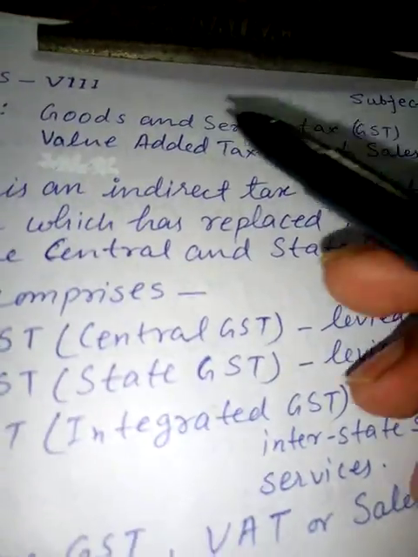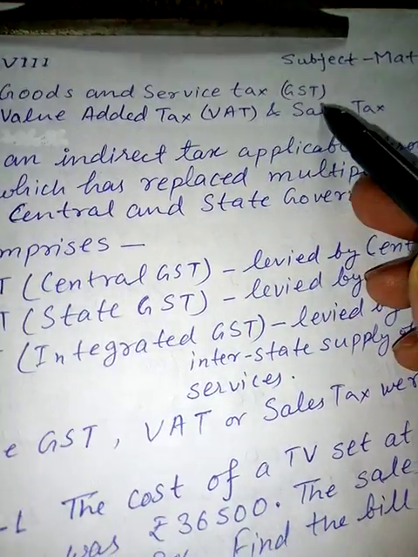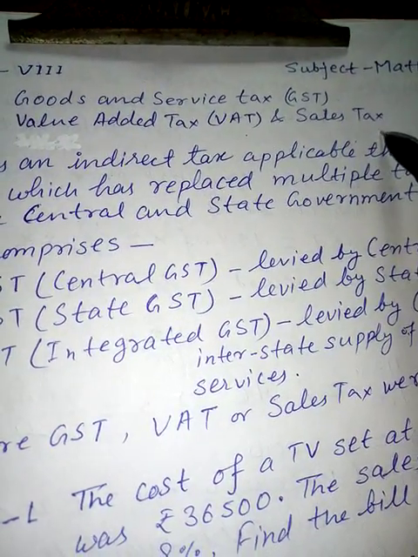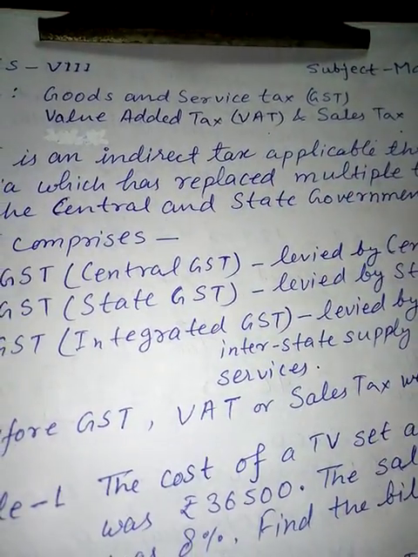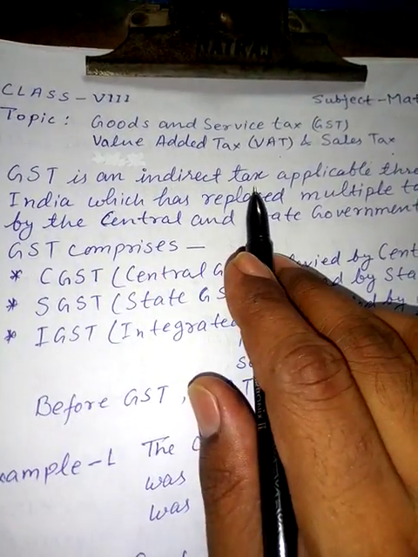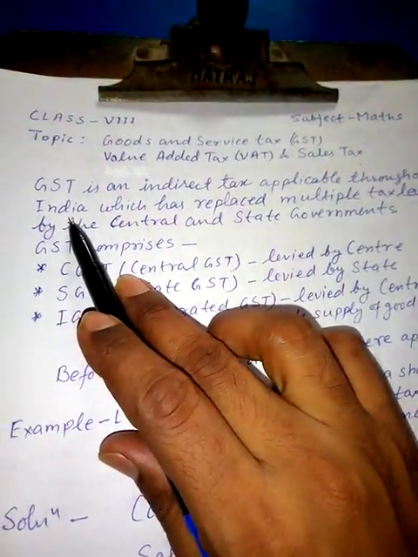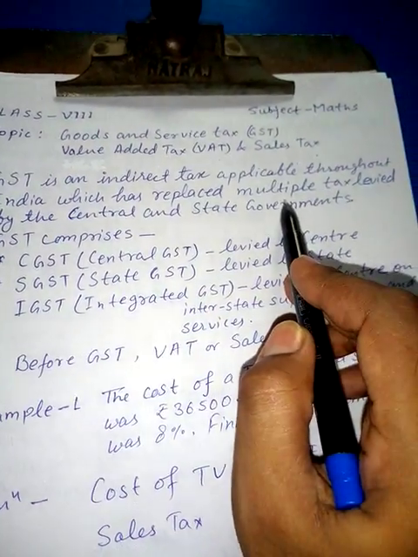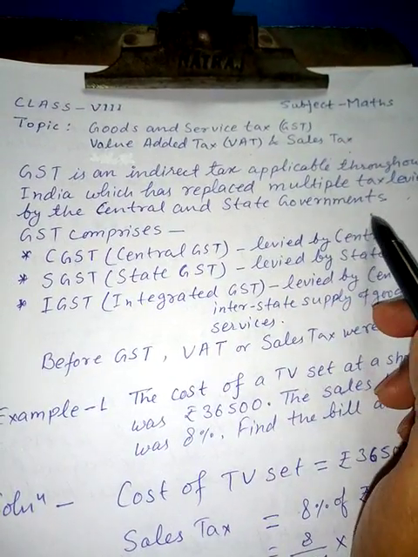Students, here we are discussing Goods and Service Tax, GST. Value added tax and sales tax were applicable previously, before Goods and Service Tax in India. GST is an indirect tax applicable throughout India, which has replaced multiple taxes levied by the central and state governments.